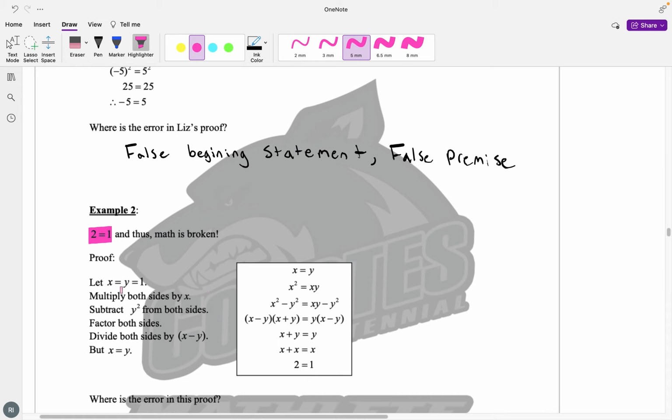This one has a little bit more to read and analyze in terms of math work. So I will give you 1 minute to silently examine the proof. Try to identify in which step she made an error and what the error is.